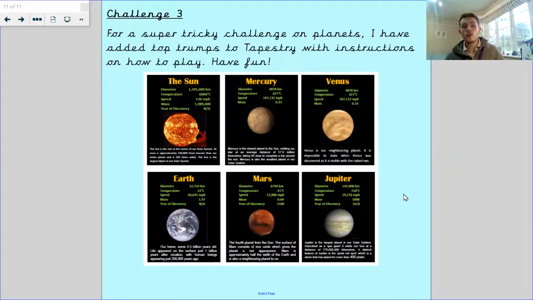And maybe you could have a game with them. Now, remember, this is a challenge. Some of these are really, really tough because you've got the diameter and the temperature and how fast the planet's moving and the mass, how heavy it is. And it's even got some of its own little facts underneath. These are really challenging, and I've put these up to really push the ones that are really confident in space, because I know I've got a couple of people in Da Vinci that are really, really confident in space.